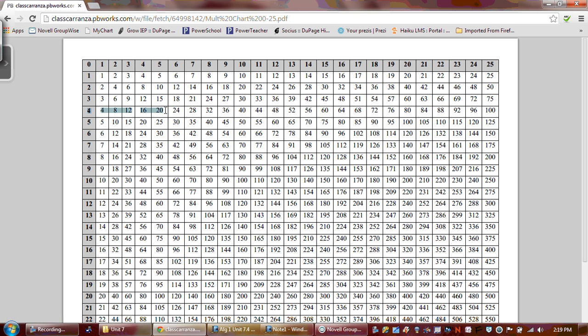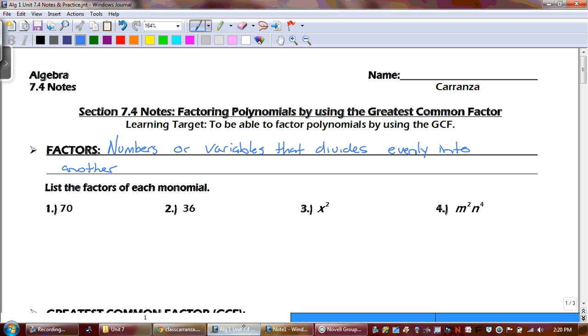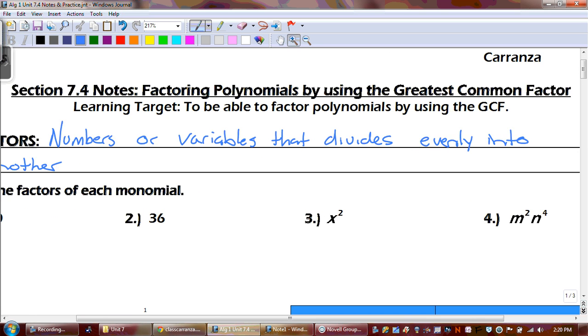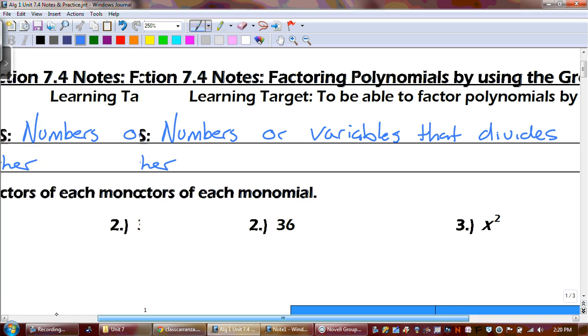So then we got 4 and 5, and that's how we get to 20. Now, if you don't know your times tables, we highly recommend that you get a times table chart. We've got small copies of them that you can pick up from Ms. Carranza or myself.